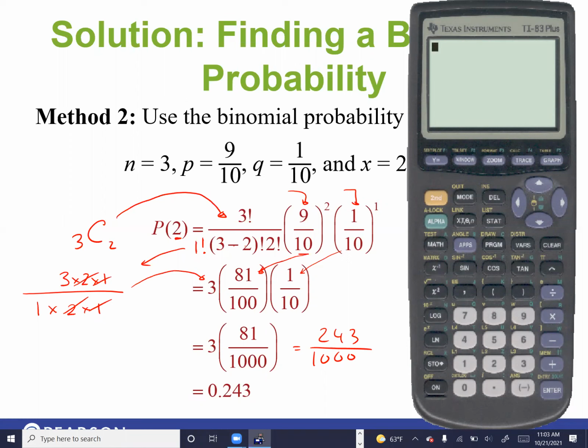This is an 83, but they're very, very similar in the way they're set up. So here's what we're going to do. For this first one with the factorials in it, we're just going to grab the combination button in our calculator. We have to put in the 3 first. Then second distribution. Nope, sorry, the stat button right here.